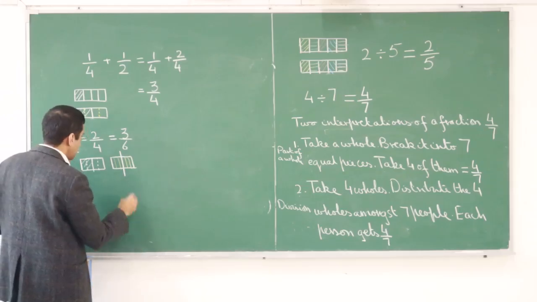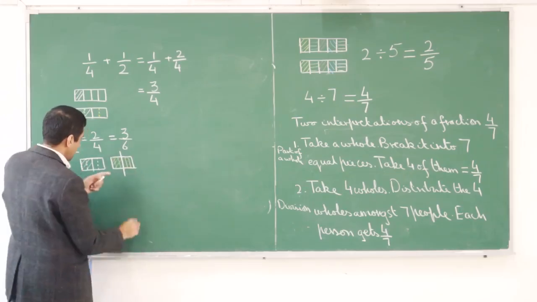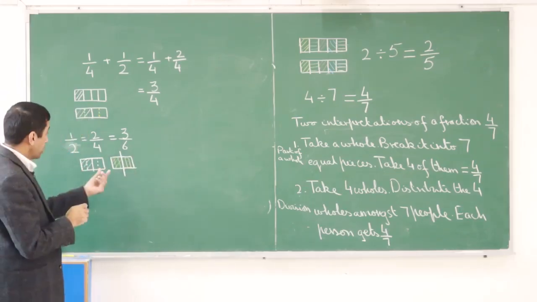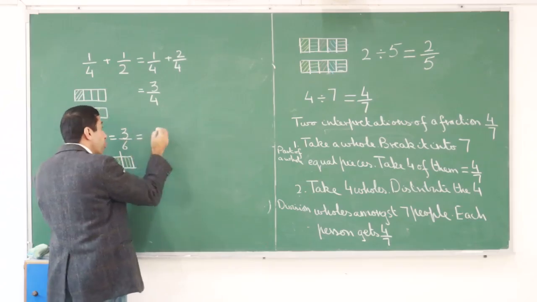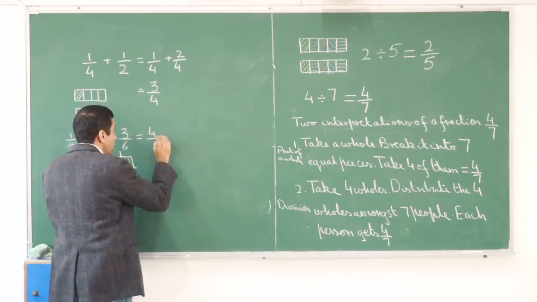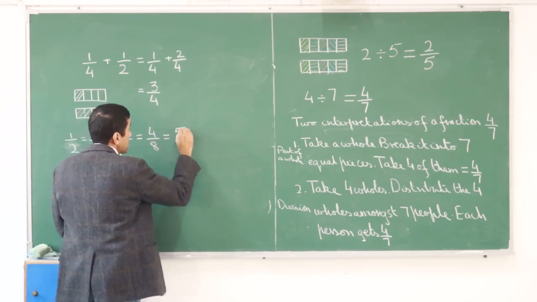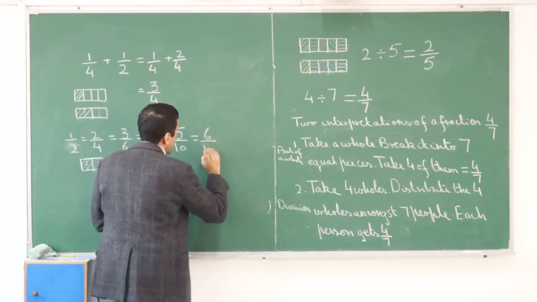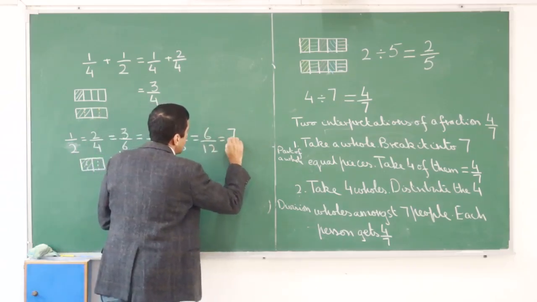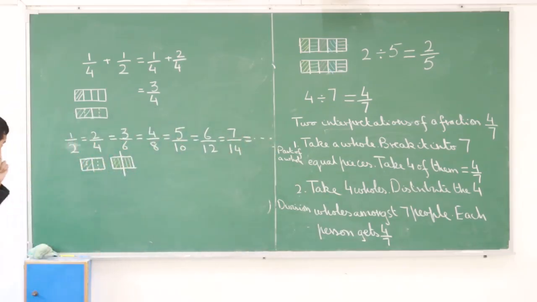Although I can't really continue doing this because my rectangles are too small, you can imagine taking a half and breaking it up into 4 equal pieces. So this will be the same as 4/8, and I could take the half and break it up into 5 equal pieces, and this would be 5/10 and 6/12 and 7/14, and it goes on, right? Okay, I could do all of these things.